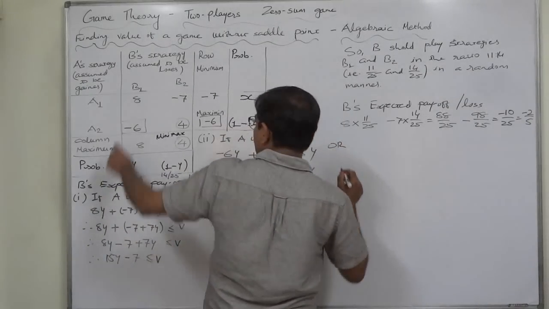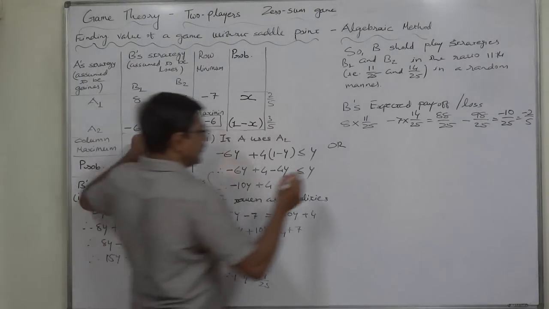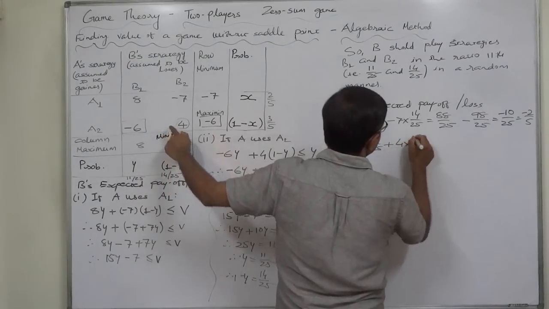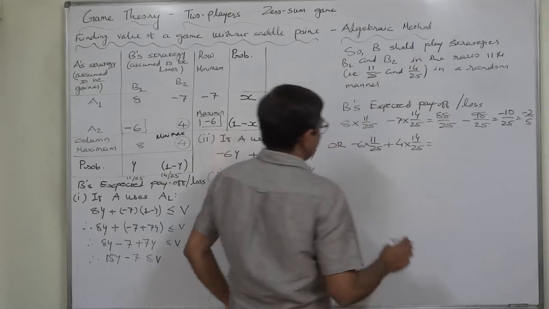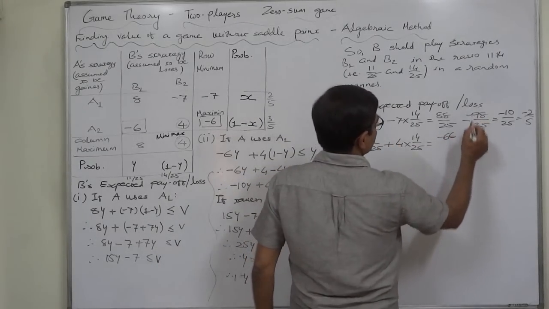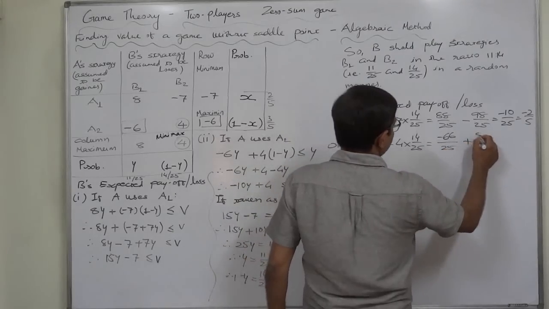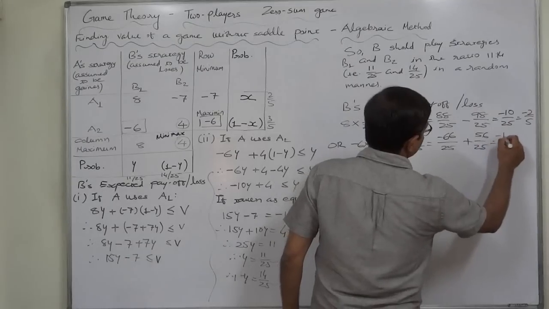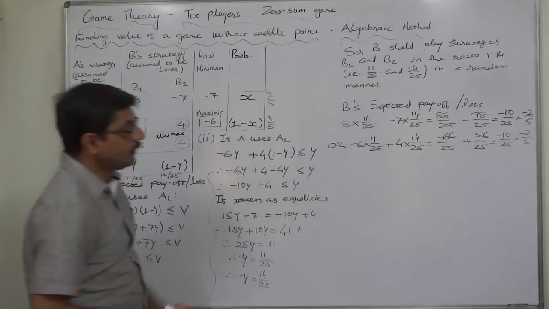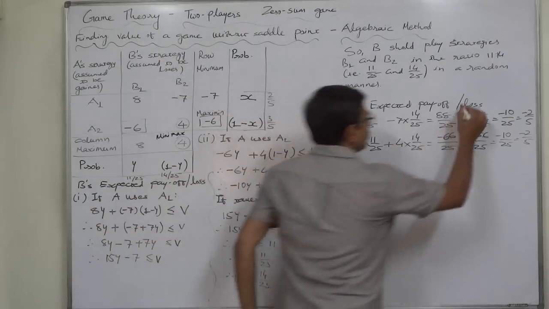Or it can be calculated with the help of A2 also. If A uses strategy A2, it will be minus 6 into 11 by 25 plus 4 into 14 by 25. Minus 66 upon 25 plus 56 upon 25. So it is minus 10 by 25, that is minus 2 by 5. Now we know that we have taken B as the loser.